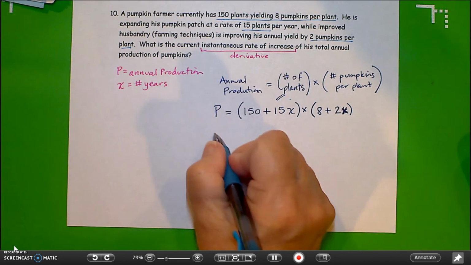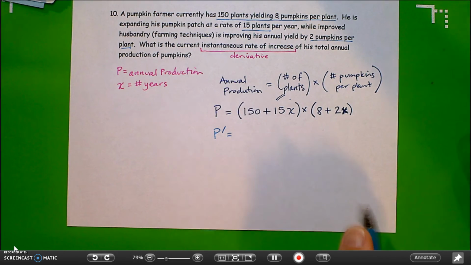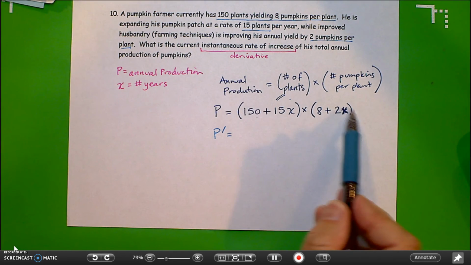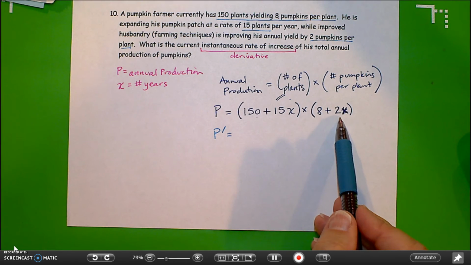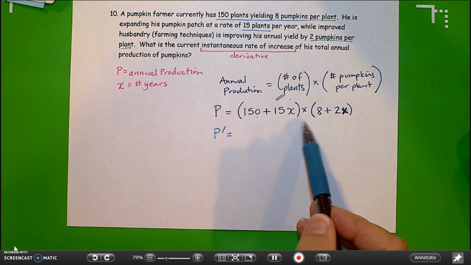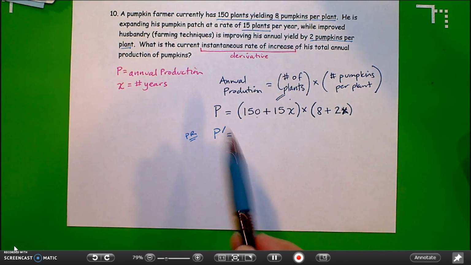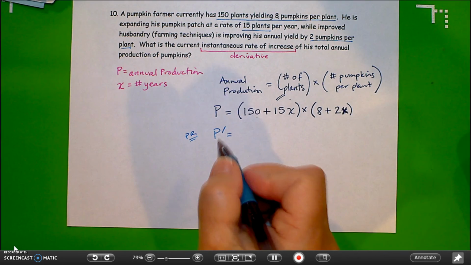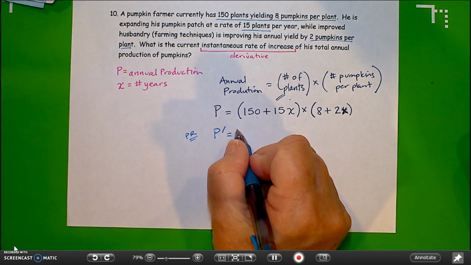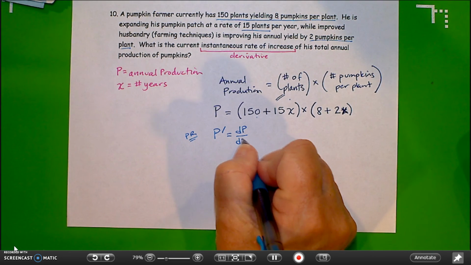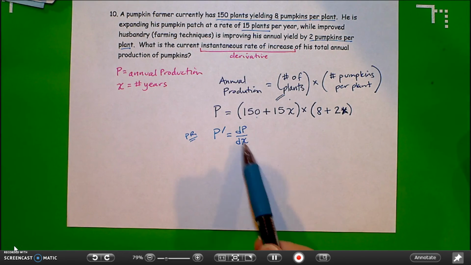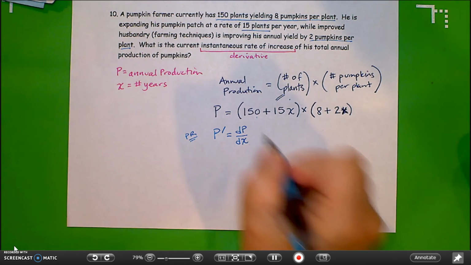So I need P prime. There's actually a couple ways to get it. I could FOIL this out, because it's just a binomial times a binomial, and get one expression. Or I could use the product rule. That's what I'm going to do. I'm using P prime. This would also be denoted as dP/dx. If you use t for time, dP/dt, whatever you happen to use.